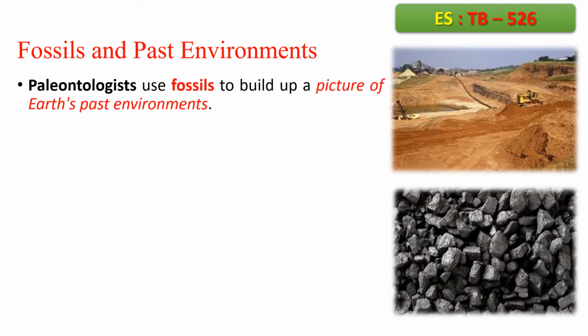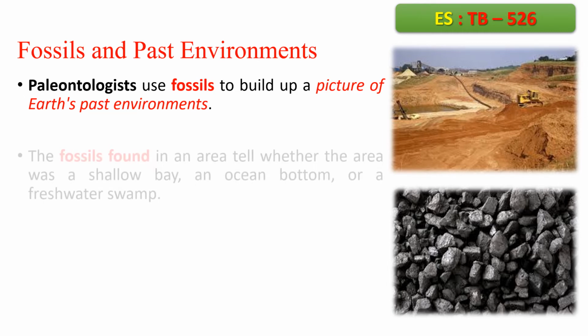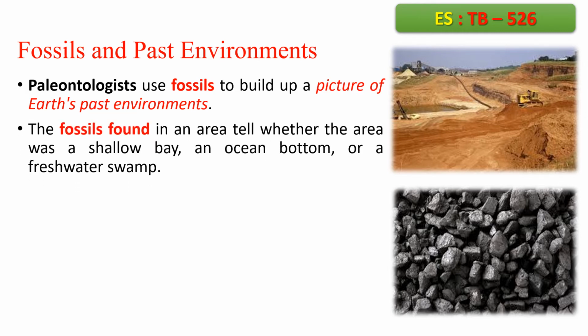Paleontologists use fossils to build up a picture of Earth's past environments. The fossils found in an area tell whether the area was a shallow bay, an ocean bottom, or a freshwater swamp.